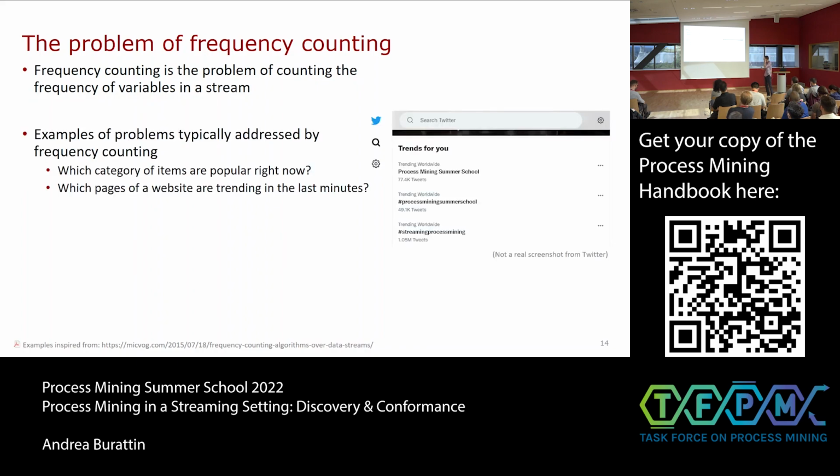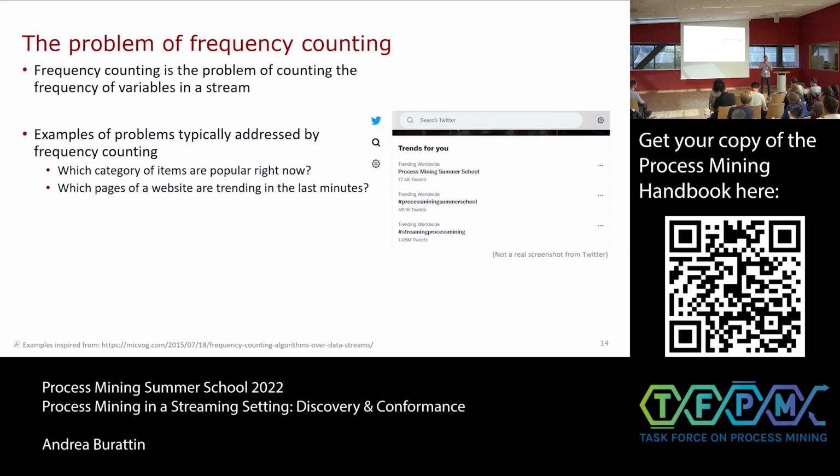For example, when you look at the Twitter trends, that's one instance of frequency counting, meaning that they're basically counting each and every hashtag or topic, whatever you want to call it, and they want to keep this counter fresh. So the time dimension is important.